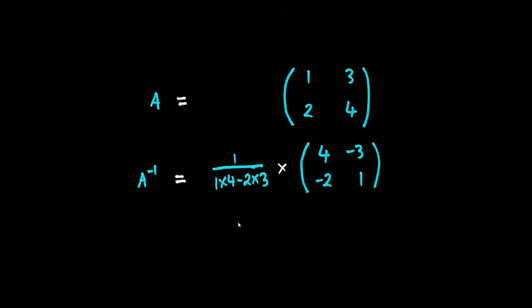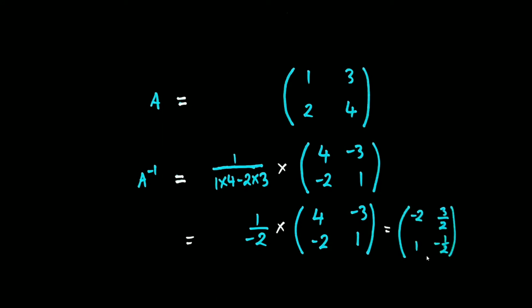Now after simplification, we get 1 by minus 2 multiplied by 4, minus 2, minus 3, 1. We can keep this scalar quantity, this minus half, outside, but we can also multiply together to get minus 2, 1, 3 by 2, minus half. It's your choice. Both of these forms are correct and will be accepted as final answers.